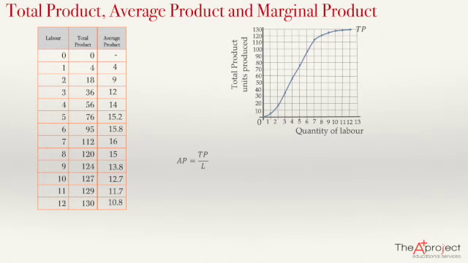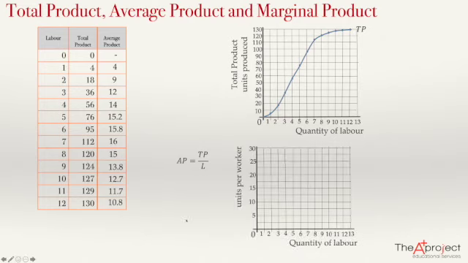That gives me the schedule for the average product. The curve of the average product can be done here. So we can just plug the points in the Cartesian diagram and then join the points.